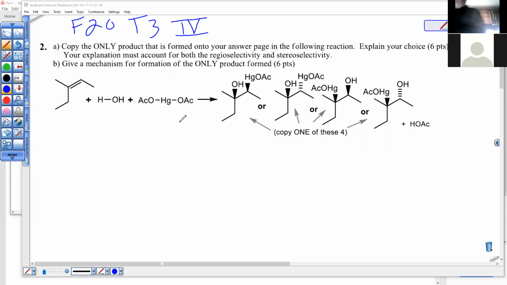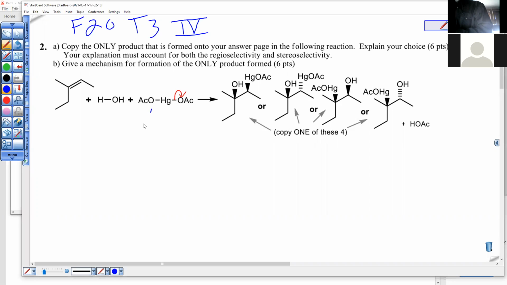So there is lots of water around, and it's an ionic compound in water, and many of those dissociate as soon as you put them in water, and the pair of electrons goes from the bond to mercury and breaks off and ends up as a lone pair on the more electronegative oxygen.